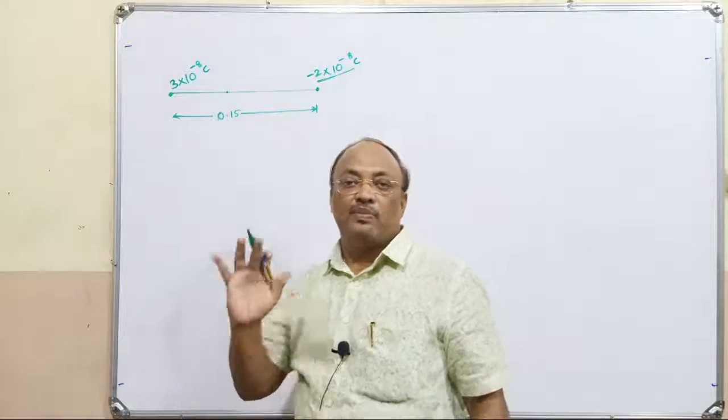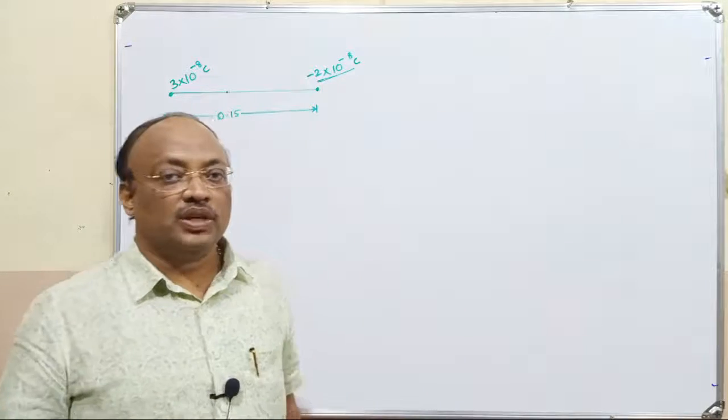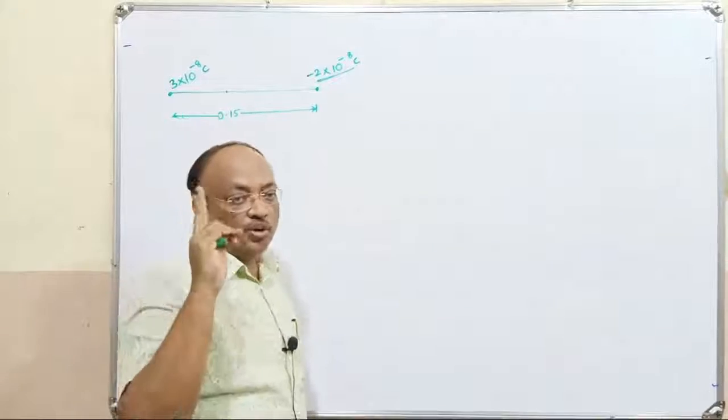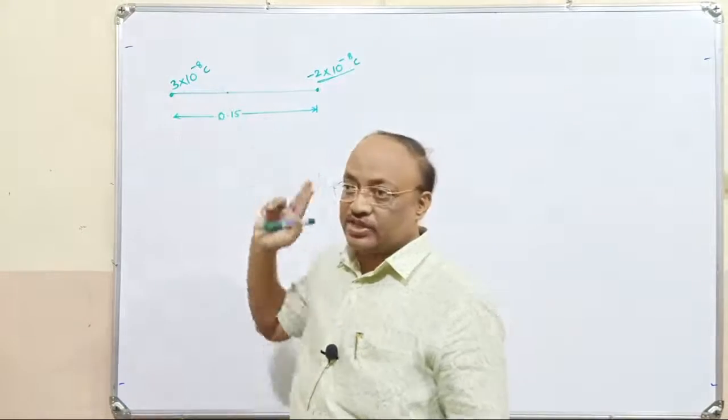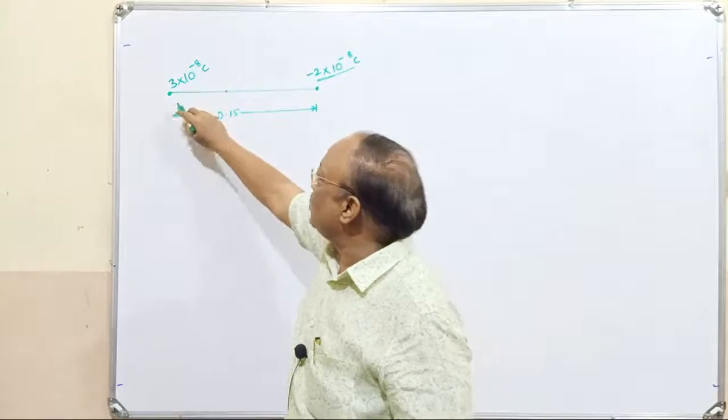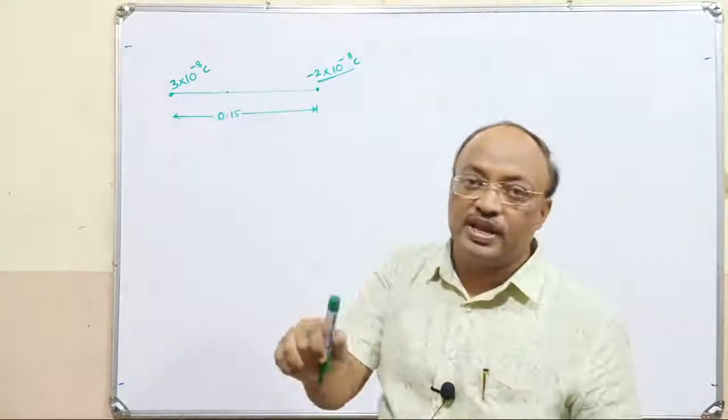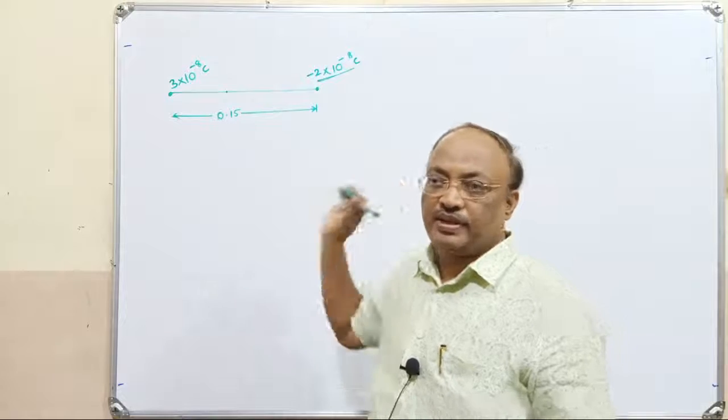You should remember this. The potential will be 0 at 2 points. First, if one is positive and the other is negative, then only the potential will be zero somewhere.